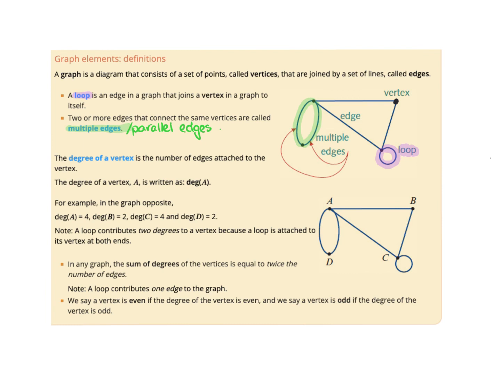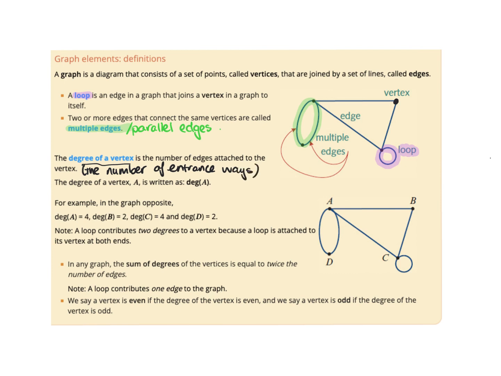Okay, so the next thing is the degree of the vertex. The degree of the vertex is the number of edges attached to the vertex. Or you might want to say it's the number of entranceways, because it might make it a little easier to determine.